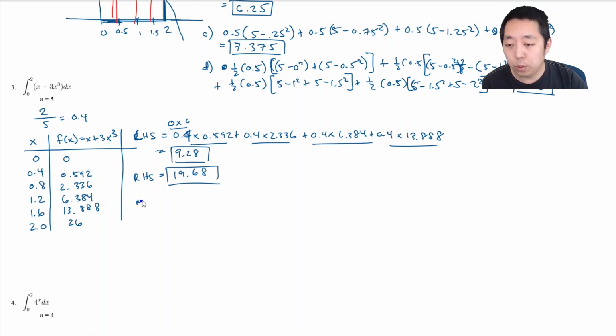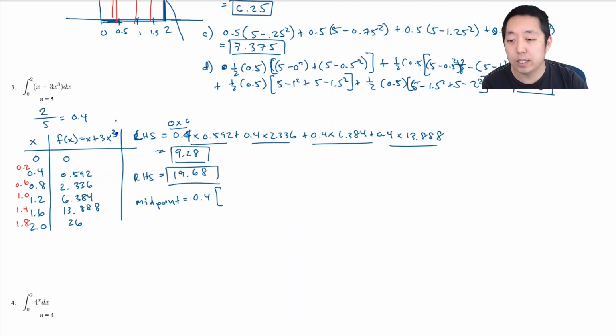When I use the midpoint, actually I have to use different values. I'm going to use 0.4, but then I got to plug it in for the point. So the midpoint is a tricky one because I don't use any of these values. I do 0.2, 0.6, 1.0, 1.4, and 1.8. And I plug it into these heights. I get these heights.